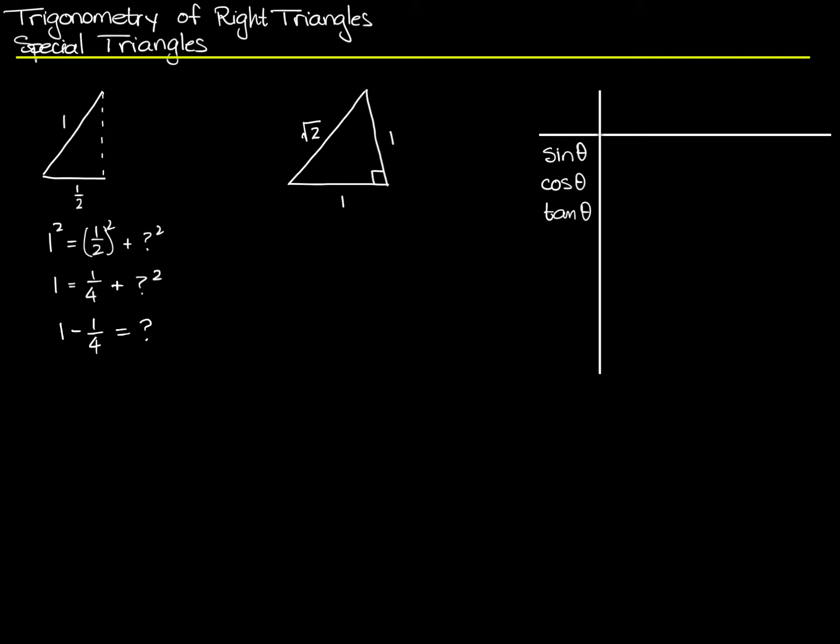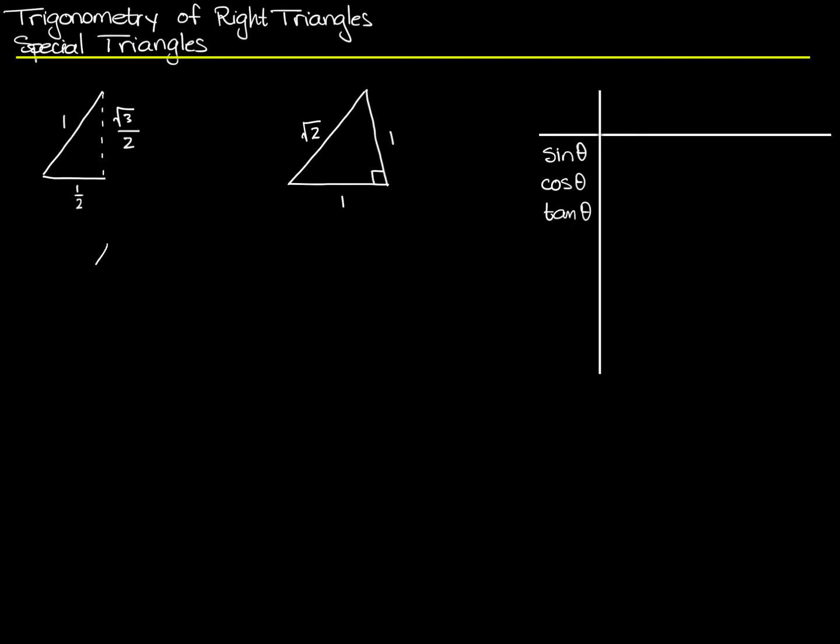I get my third side squared is equal to 1 minus a fourth, which is 3/4. And if I take the square root of both sides, I get that my unknown side is equal to the square root of 3 over the square root of 4, which is the square root of 3 over 2. So this third side here is the square root of 3 over 2. And we can get rid of our scratch work.